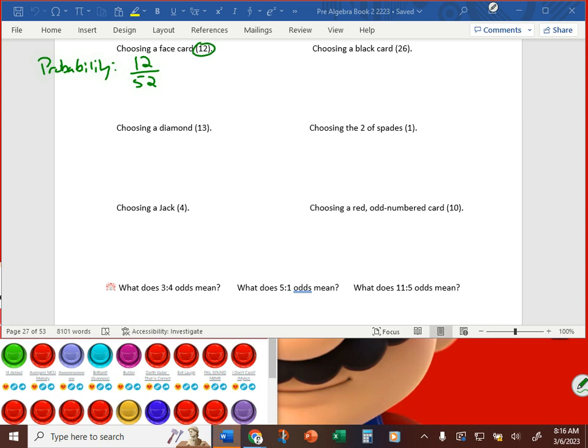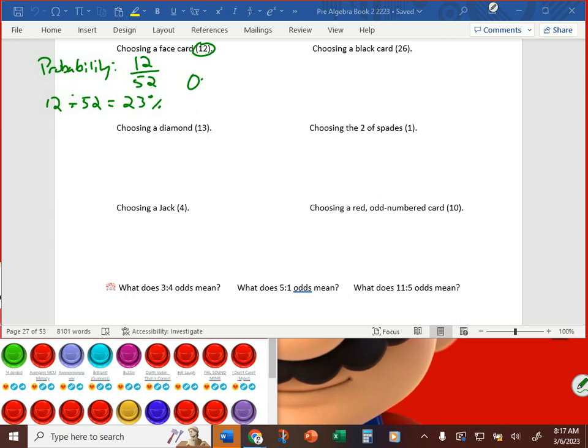It tells you how many face cards there are, in case you aren't familiar. Okay, so it can help you, right? But the probability is 12 over 52, successful over possible. What is 12 over 52 as a percentage? 12 divided by 52. 23%. So to calculate that, you take 12 divided by 52, and that equals 23%. So the probability is 12 over 52, or 23%.